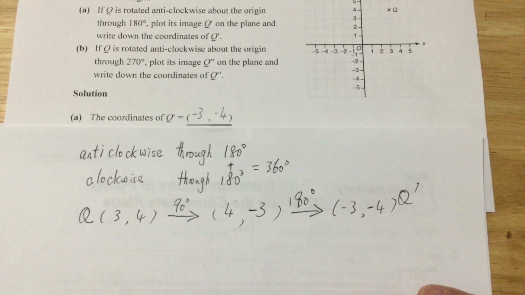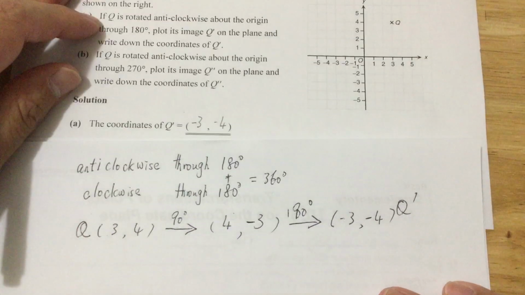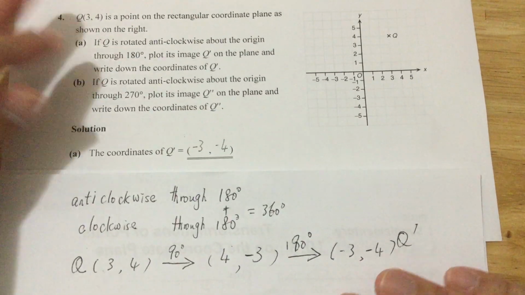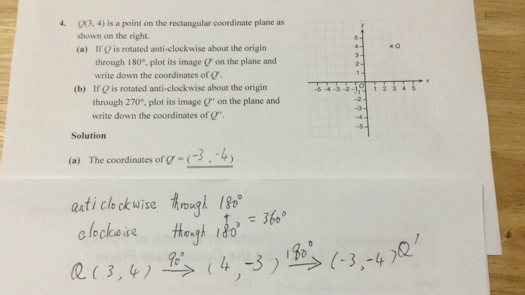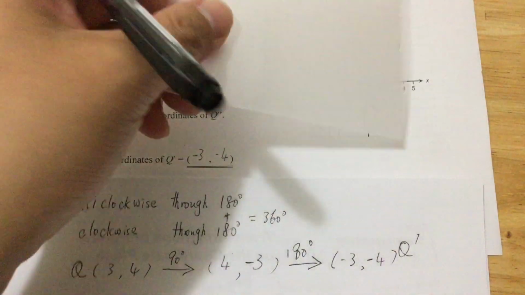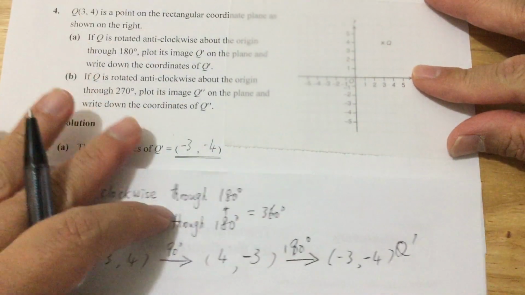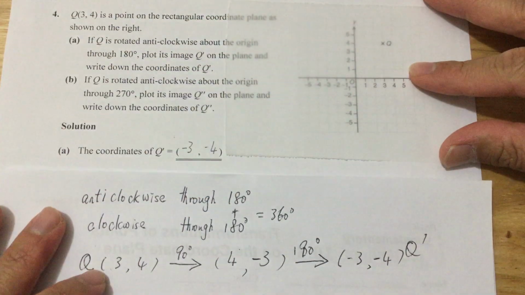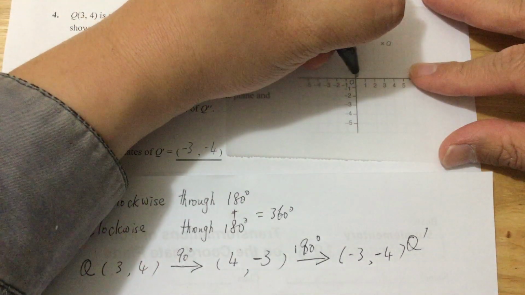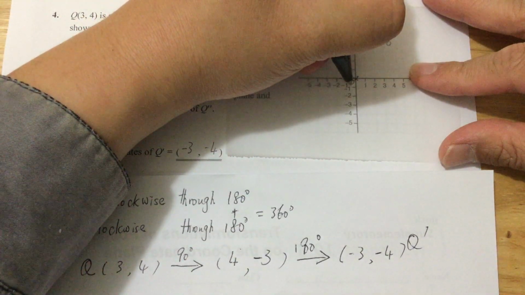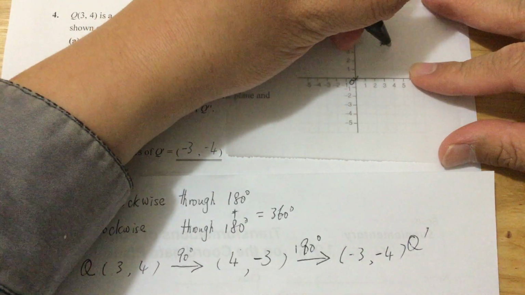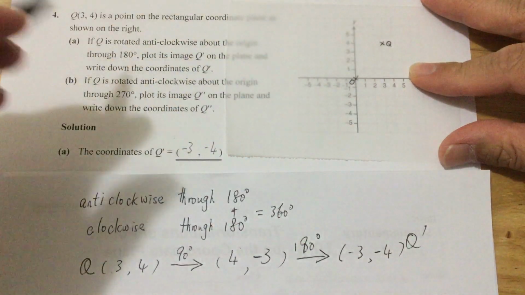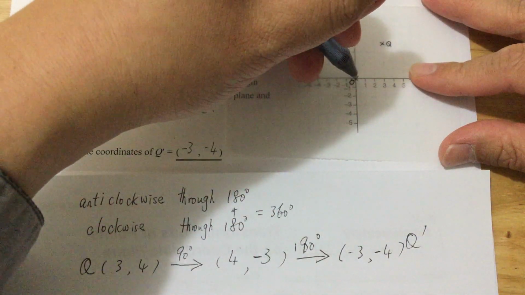So let's check it. Is it correct or not? Okay, now let's check it. So what can we do is that here. Okay, once again, I take one tracing paper and put it on it. Okay, this one we have O. This one is Q. Okay, now we point this one.